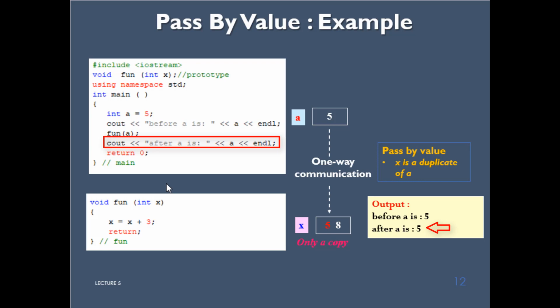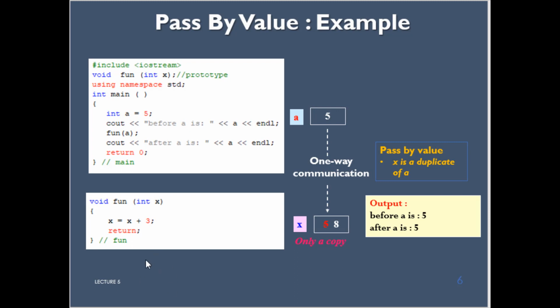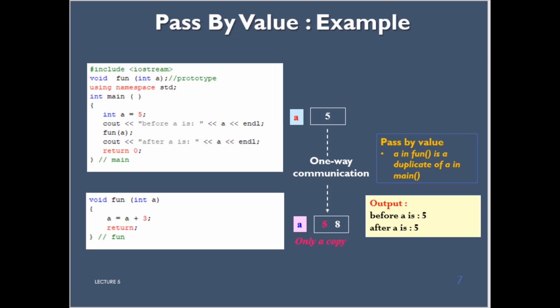It's not the actual variable a that we changed. Function find doesn't have any access to the actual argument a. Whatever changes we've done in function find to the formal parameter are not going to affect the actual arguments. So that's why we call this pass by value.